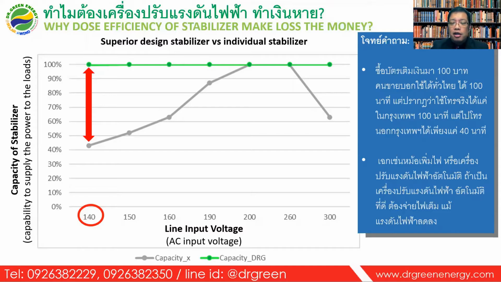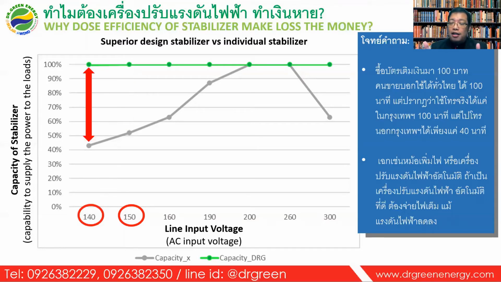All right. So if you see another input voltage value, for example the voltage going to drop to 150 volts, but with an improper design of the stabilizer, it will give you only 50% of the capacity, even if it is committed at 10 kVA, for example.